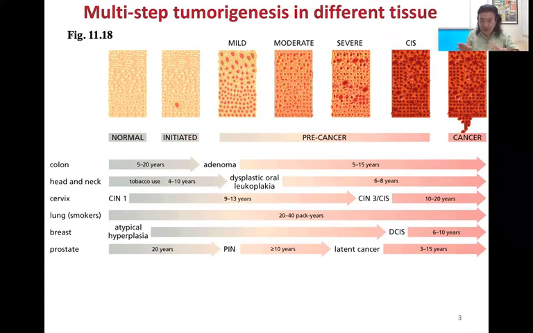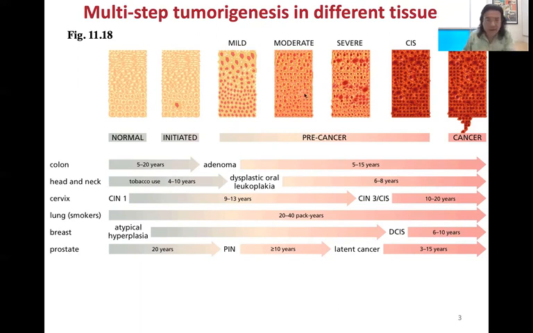So each cell type started off or follows particular pathways of gene programs, right? Different sets of genes that are more important for a certain cell type and maybe less relevant for a different cell type. So it's not surprising then that the progression of cancer might happen at very different typical rates, depending upon what the original starting tissue is.